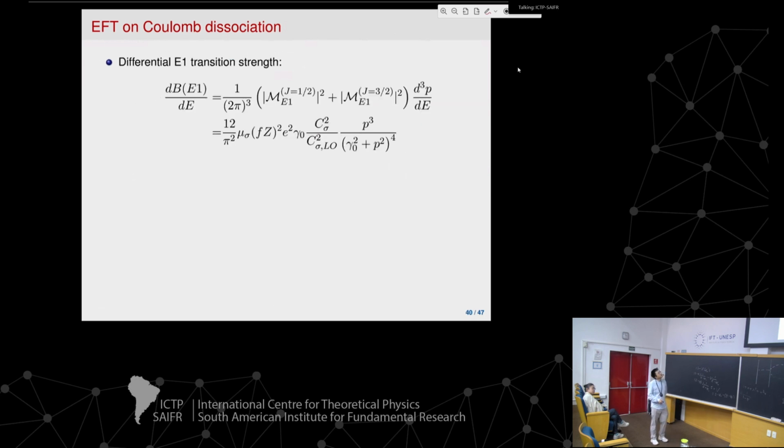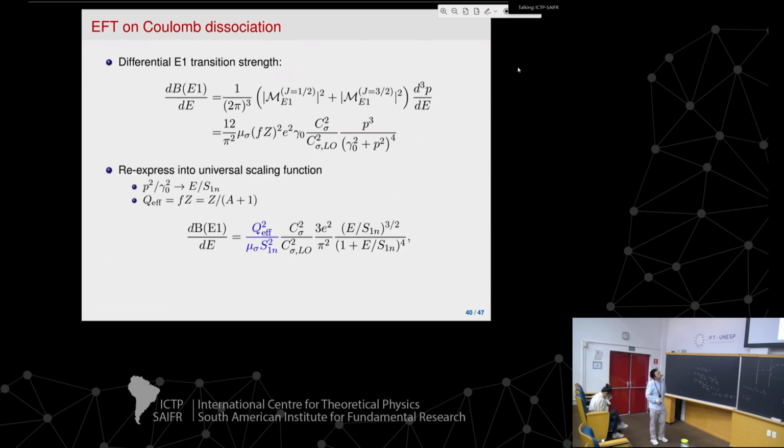If you want to calculate the differential E1 transition strength, you need to calculate these matrix elements squared and put them together times d^3p divided by dE. After the evaluation, you end up with this final formula related to the ANC coefficients and the transfer momentum divided by the binding momentum squared, times the transfer momentum squared to the power of 4.